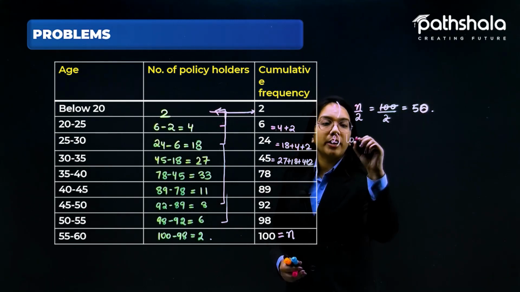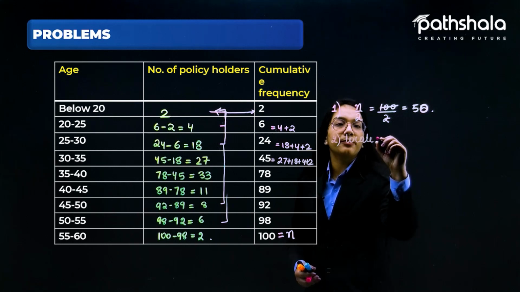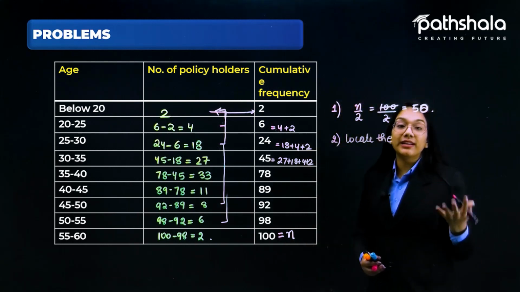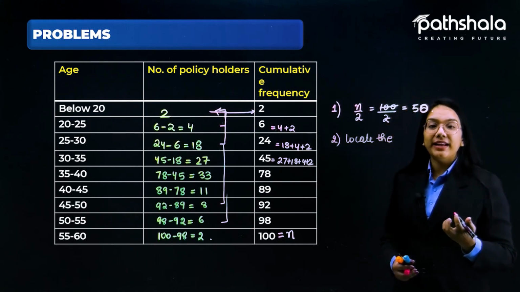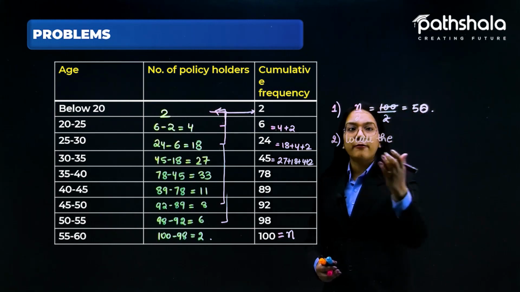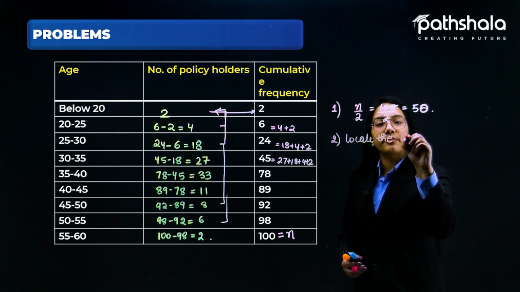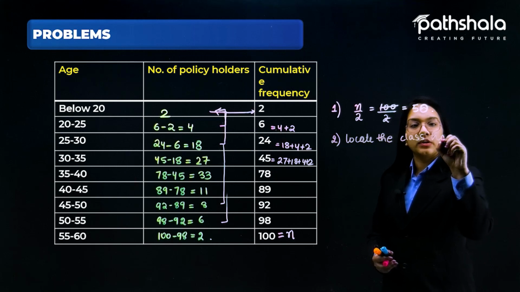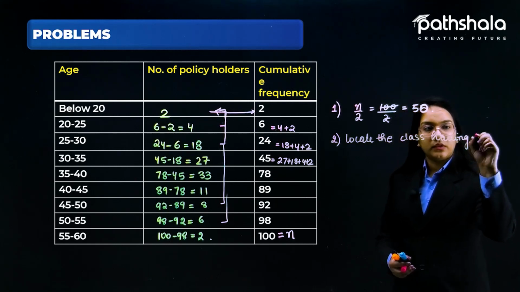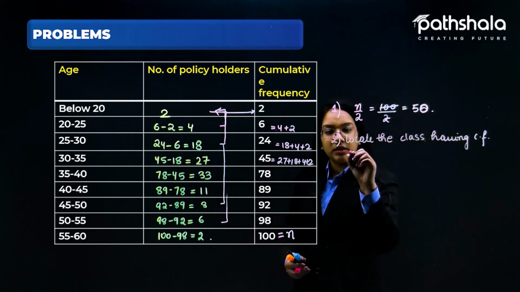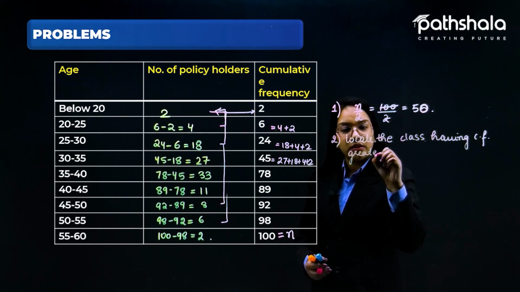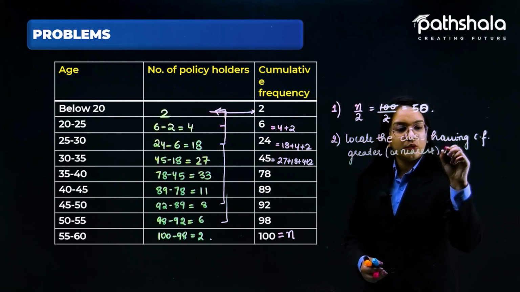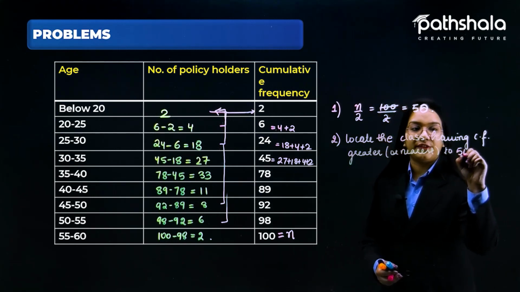The second step is to locate the median class, the class having the cumulative frequency greater than or nearest to n by 2, that is 50.